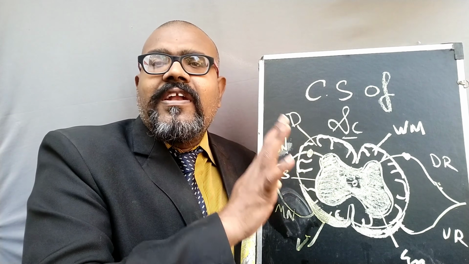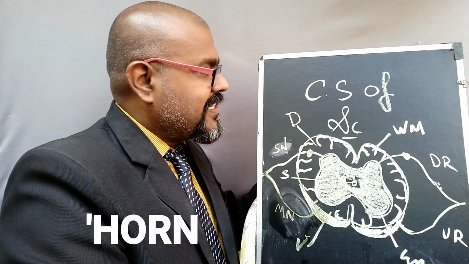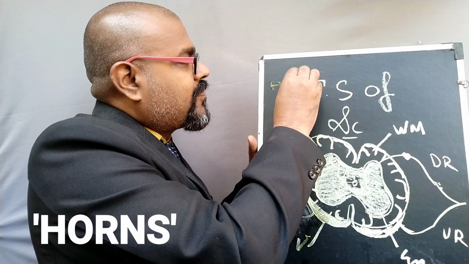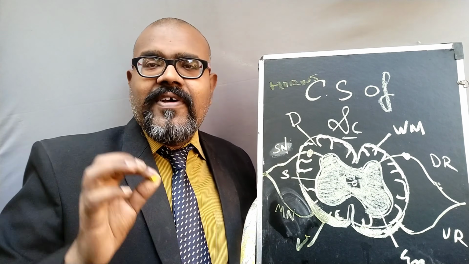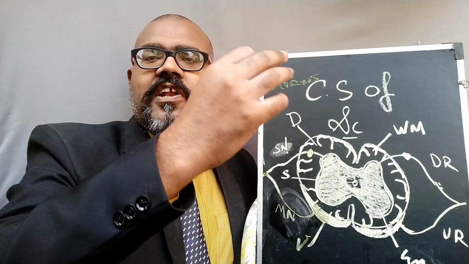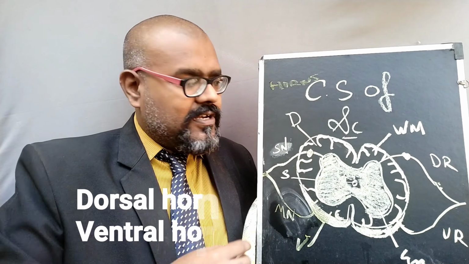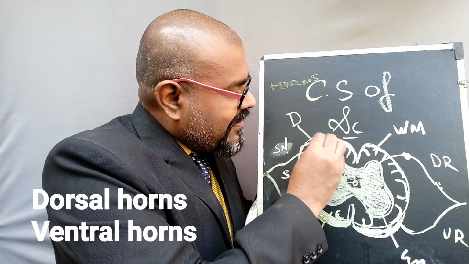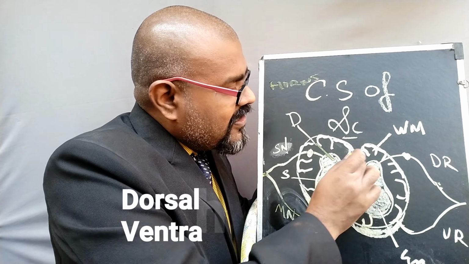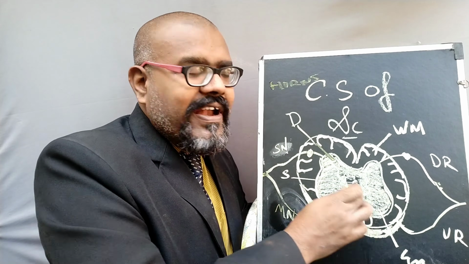Please remember that this gray matter consists of four different horns: the two dorsal horns and the two ventral horns. The two dorsal horns are present here, and these are the two ventral horns.